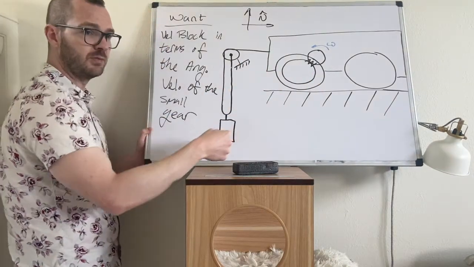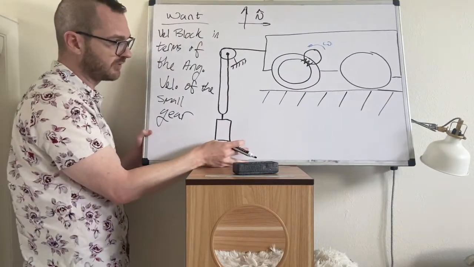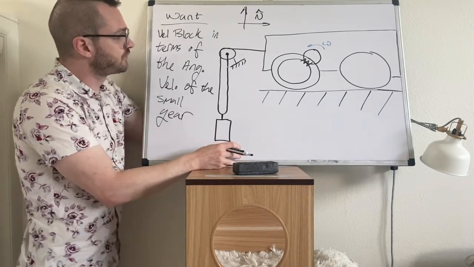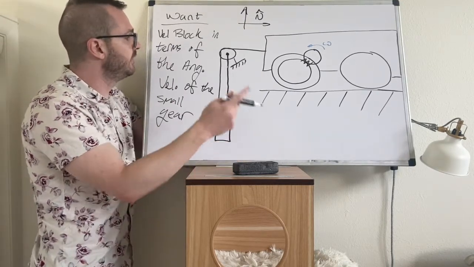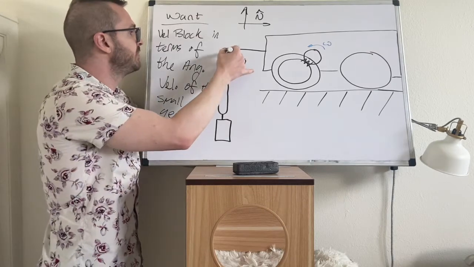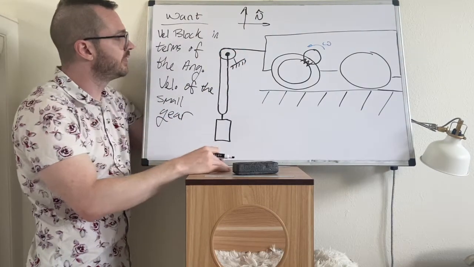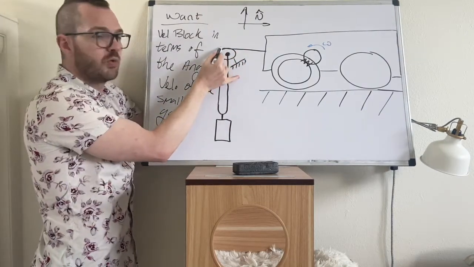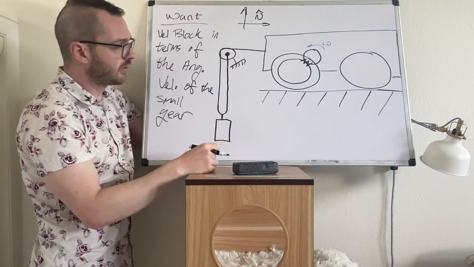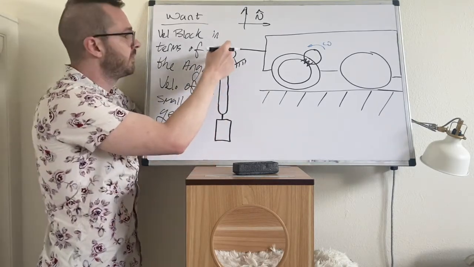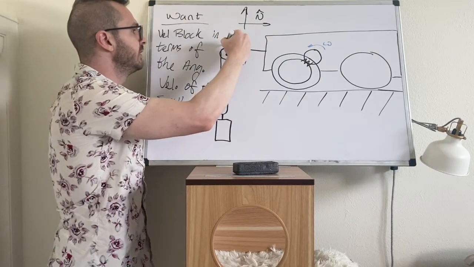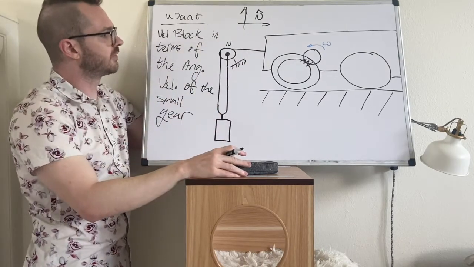And the block is going to move up and down, and we need to keep track of the translation of the block. So somewhere convenient for that could actually be the center of this pulley. You could put it there. We could put it maybe at the top corner of the pulley. Honestly, we could put it all kinds of places, but I'm just going to drop it into the center of this pulley. Okay, so there's our point in.